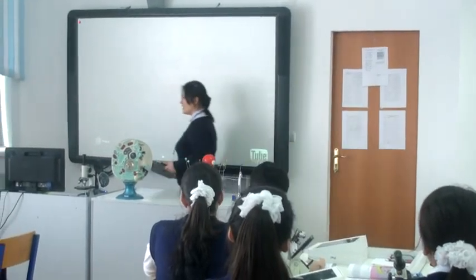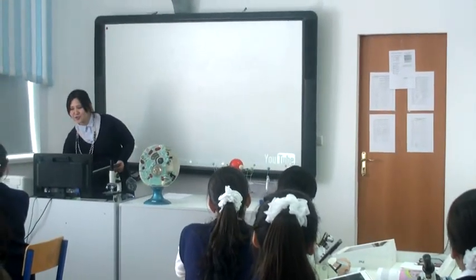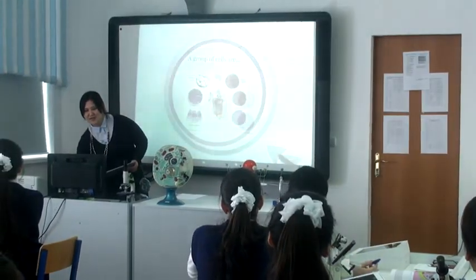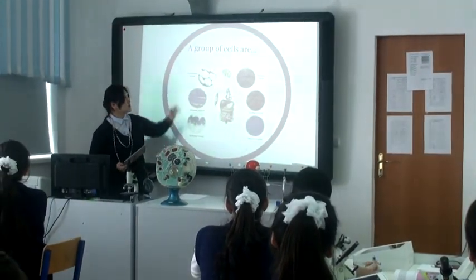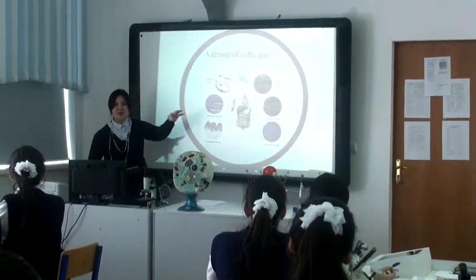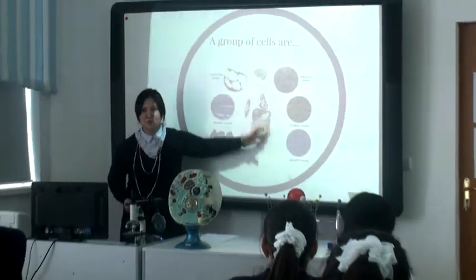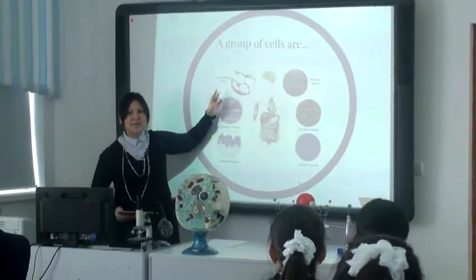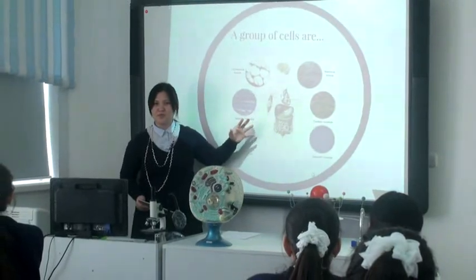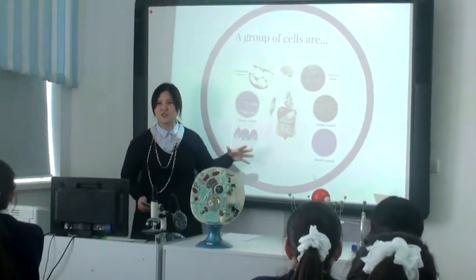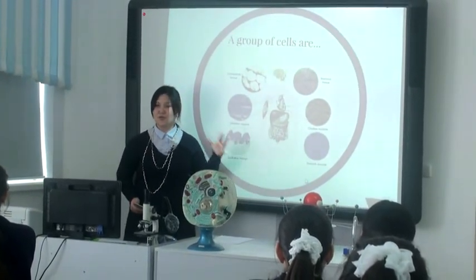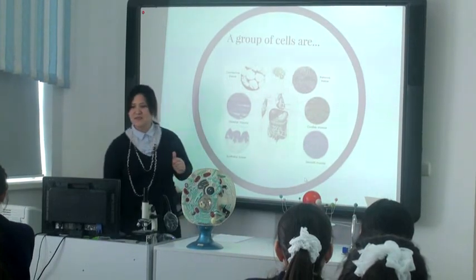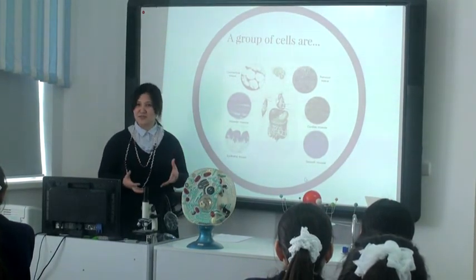A group of cells makes a tissue. Let's see this picture. This is a human picture, made up of many different cells, which make many different tissues that help to make and organize you. All of these tissues are synchronized.